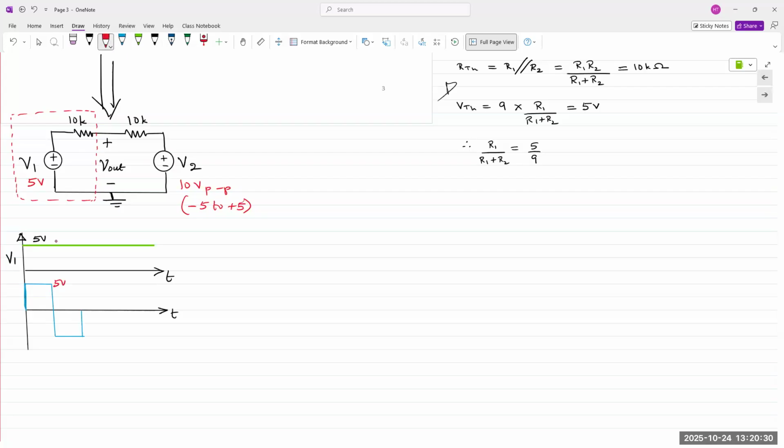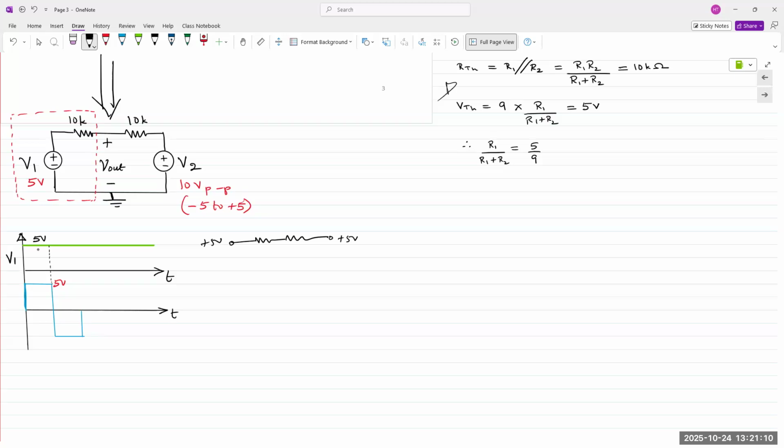So if you analyze just for this time period, where both voltages are at 5 volts, this is at +5, this is also at +5. What is the current that's flowing through those resistors? Zero. You're right, it's zero.